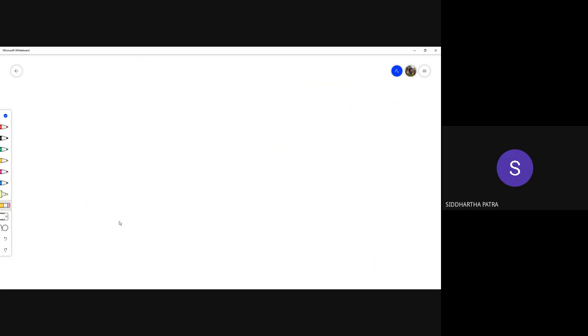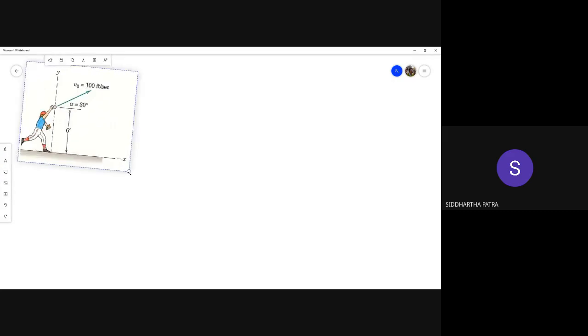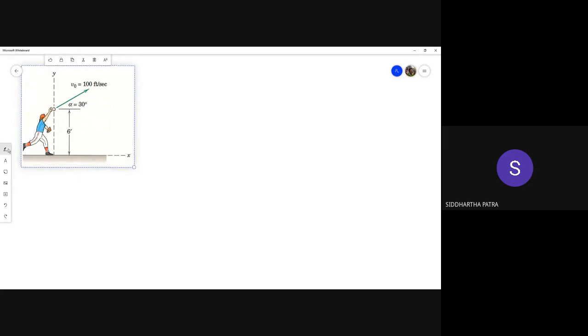So this problem is very similar to the one we did for the NT coordinate system. We are actually not going to even solve this one; we'll simply discuss it. This time a baseball player is throwing a ball with this much speed right here at a height of 6 feet, and this point right here is the origin. He is releasing the ball at a height of 6 feet.